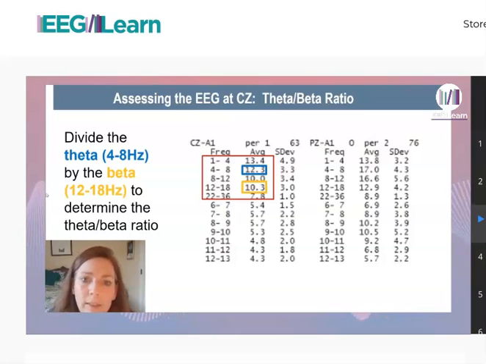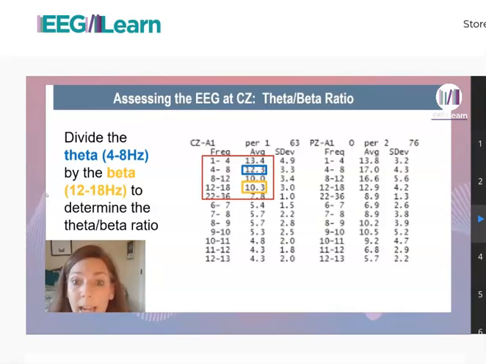The alpha, if this is an adult, is a little bit low because it should be really similar to the theta, if not a little bit higher. We're not quite making it there. On its own, the alpha looks fine because it's high single, low double digits. It is exactly 10 microvolts. It's just a little bit low relative to the theta, and it's definitely low relative to the beta, right?